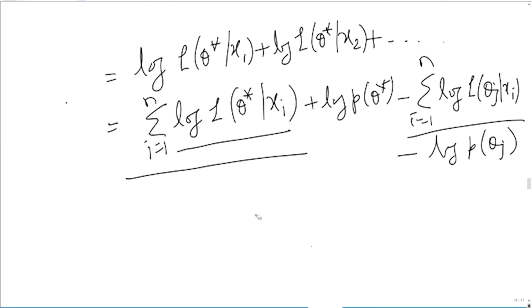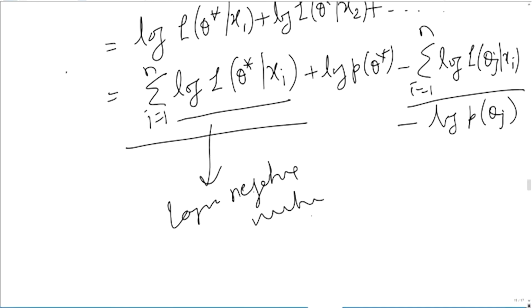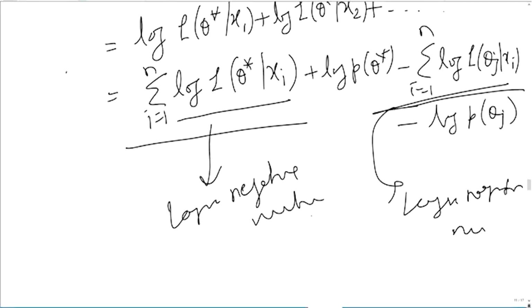So, what this will end up giving you will be a large negative number, but it won't be in the range of, let us say, 10 to the power 500 or so. It would still be in reasonable range. So, this would end up giving you a large negative number. This will also give you a large negative number, and we are basically subtracting this large negative number from this one.